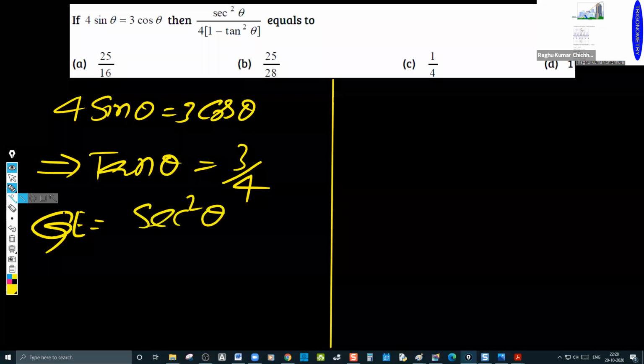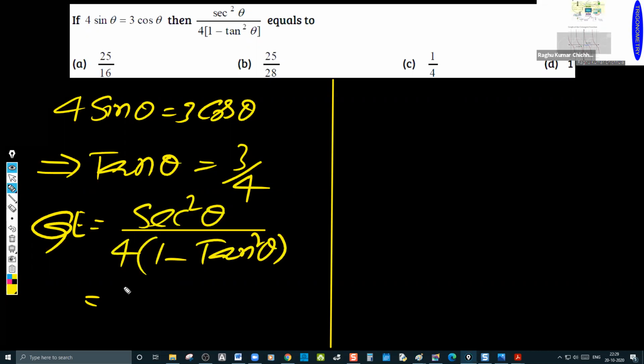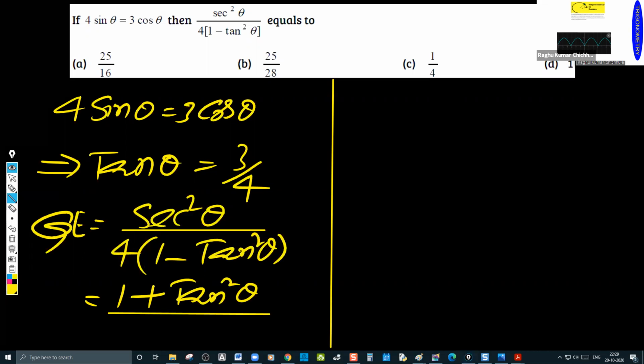Given expression I'm writing: secant square theta divided by 4 into 1 minus tan square theta, and it is 1 plus tan square theta whole divided by 4 into 1 minus tan square theta. 25/28.